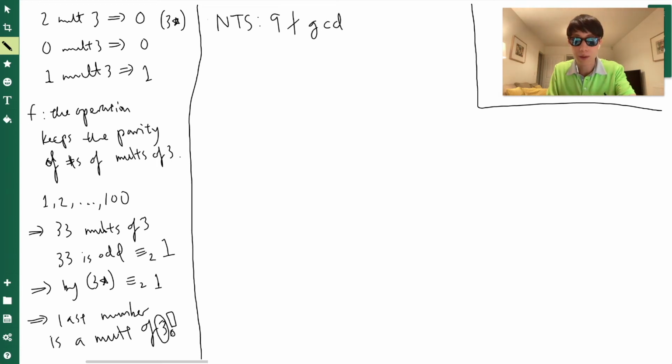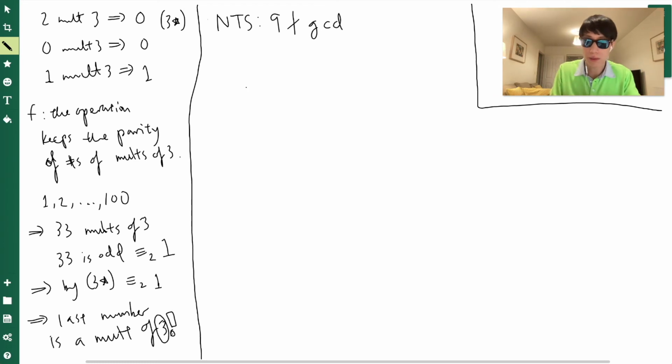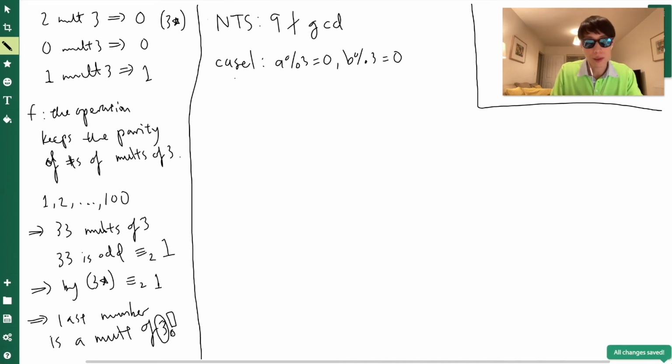Here we have 4 cases again, but 2 of them are the same due to the symmetry, so 3 cases. Case 1, we have A mod 3 equals 0, and B mod 3 equals 0. So we can write a equals 3x, and b equals 3y.